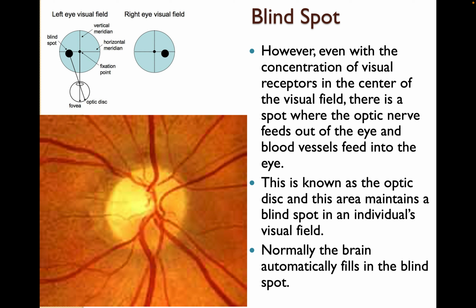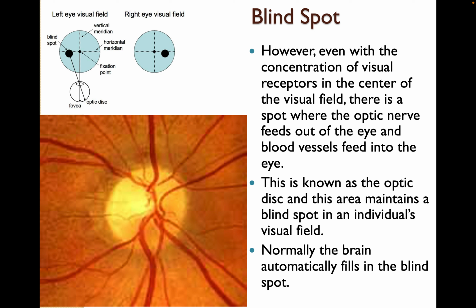Even with the concentration of visual receptors in the center of the visual field, there is a spot where the optic nerve feeds out of the eye and blood vessels feed into the eye. This is known as the optic disc, and this area maintains a blind spot in an individual's visual field. And you can find your blind spot. It's just a little bit off center.